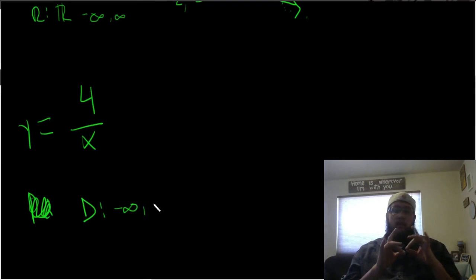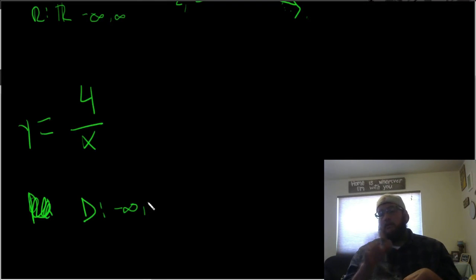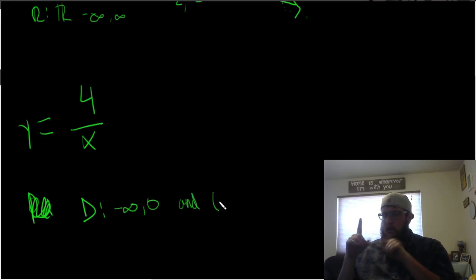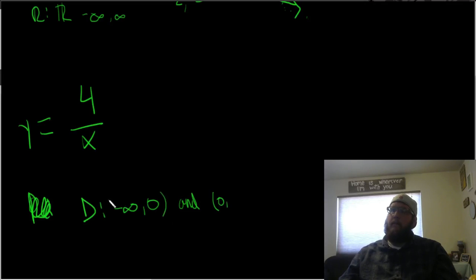So we can plug in gigantic negative numbers, so we can go from negative infinity, and we can get to 0, but we can't actually plug in 0. And also we can go from 0, even though we can't plug in 0, to positive infinity.